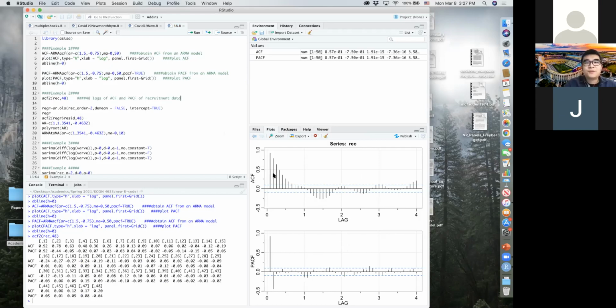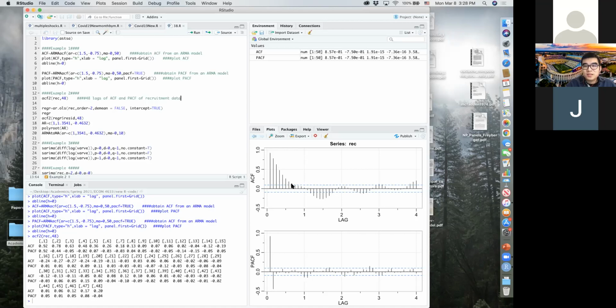Okay, so for the ACF plot, we find that there's no clear cutoff point. You could say that maybe 8 might be a cutoff point, but we notice that in the later lags the ACF again jumps out of the confidence intervals.